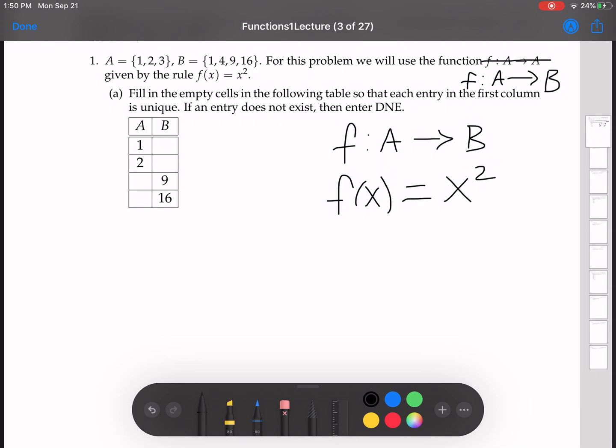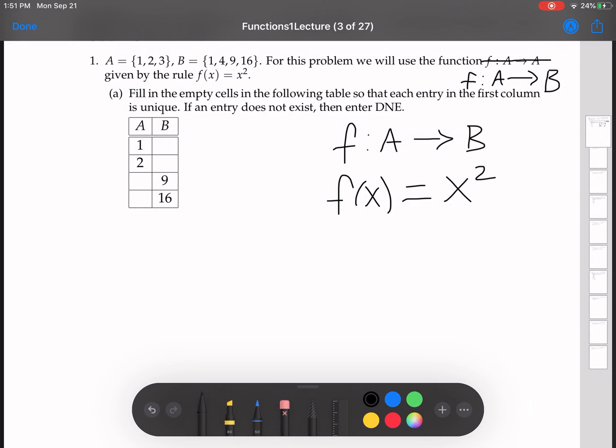It's also very standard to write it just in the way I have here. For this problem, we will use the function f from A to B given by the rule f of x equals x squared. So you don't have to have them written right underneath each other. It could be written how I have it in the statement of the problem.